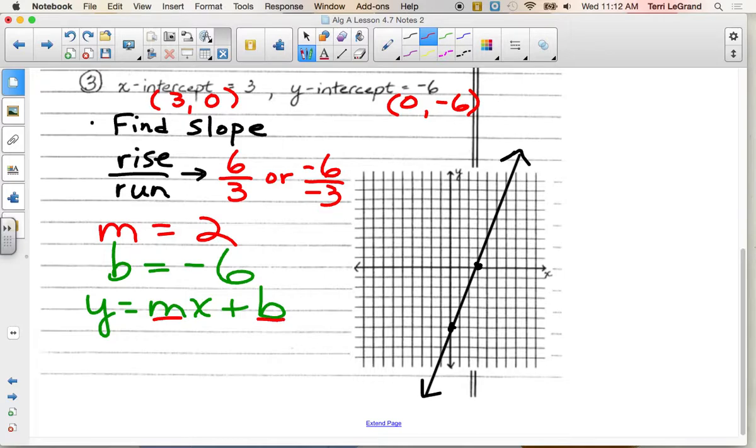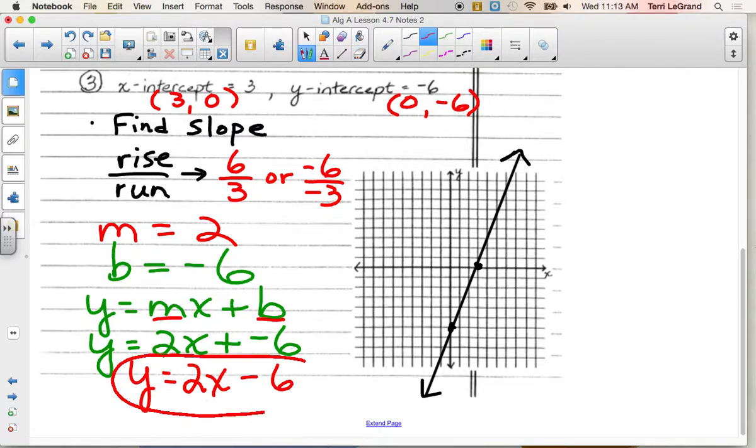So what's our equation going to be? y equals 2x plus negative 6. And of course, we know that can be cleaned up to y equals 2x minus 6. So our final answer for this one is y equals 2x - 6.